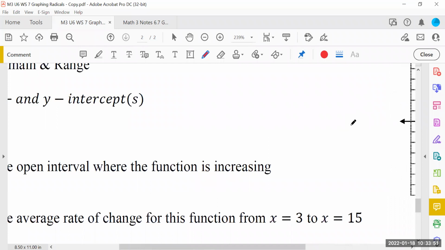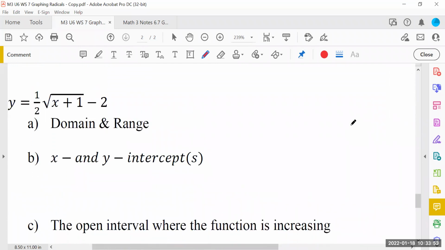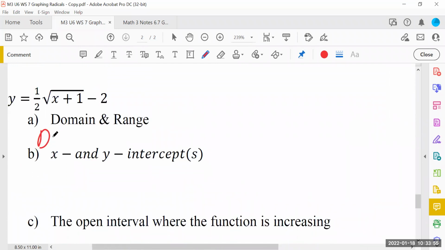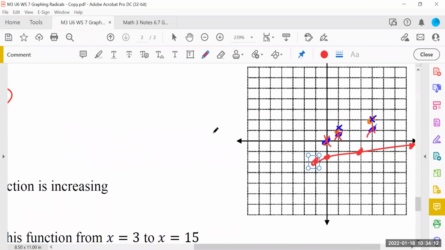So now domain and range, same thing as we've done before. Domain, -1 to infinity. Range, -2 to infinity. Now, the y-intercept I actually already have on the graph. The y-intercept is right here.